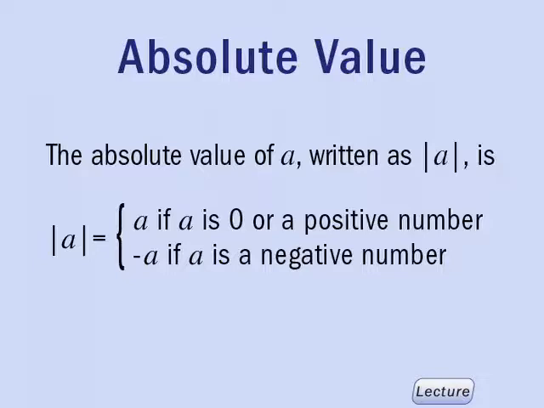The absolute value of A, written with two vertical bars around A, equals A if A is 0 or a positive number. And then the absolute value of A is negative A, or you might want to think of it as the opposite of A, if A is a negative number.